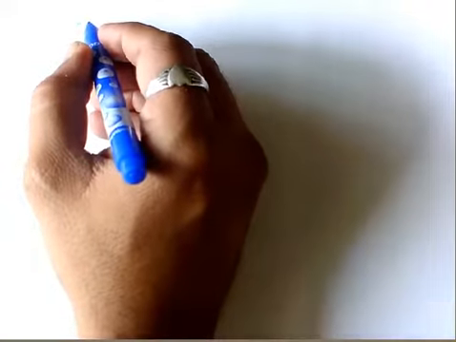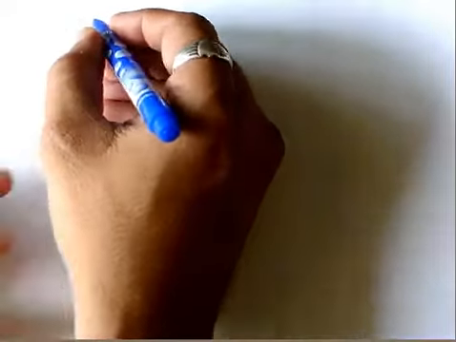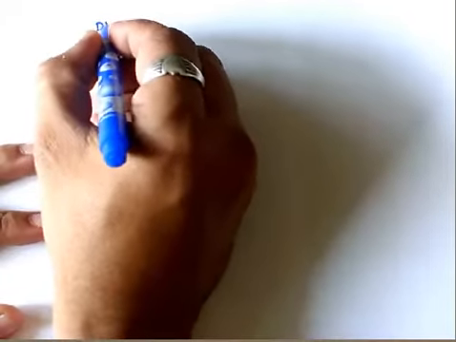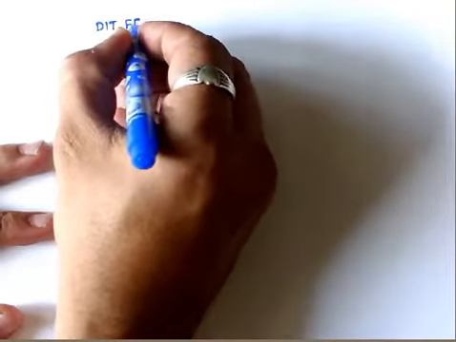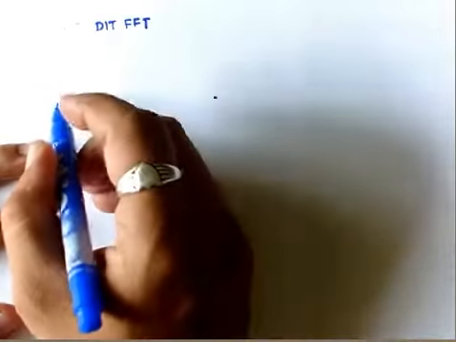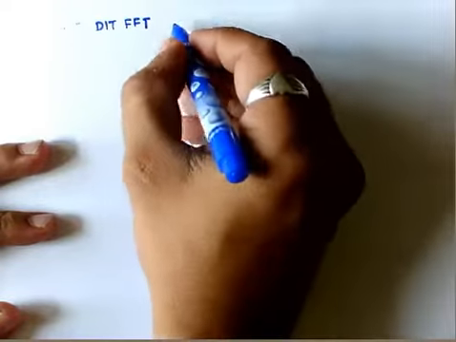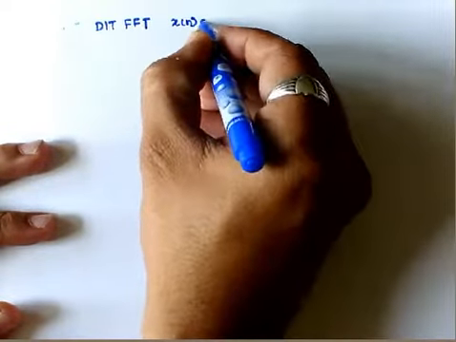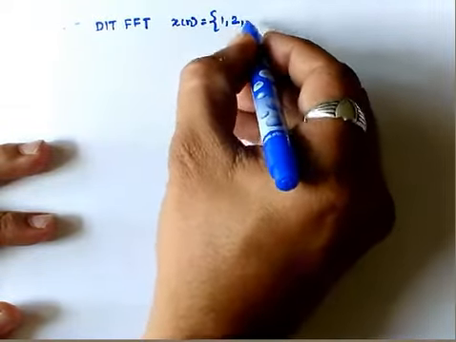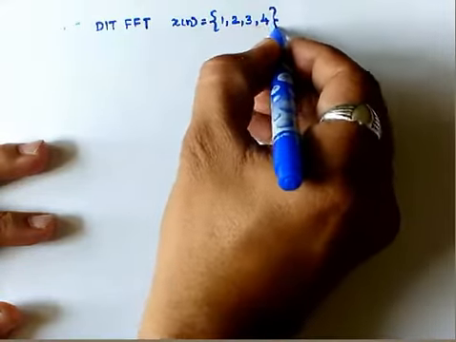Today we are going to see how to find the DIT-FFT for, let's say, the sequence x of n equal to 1, 2, 3, 4.